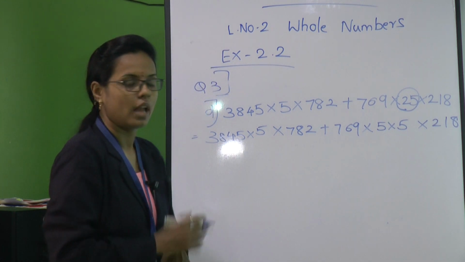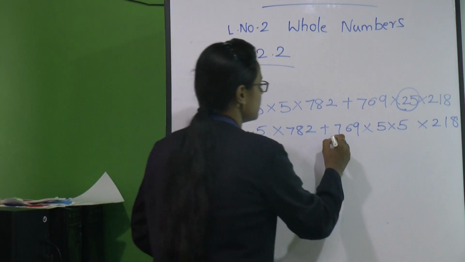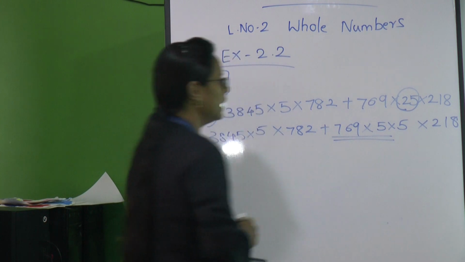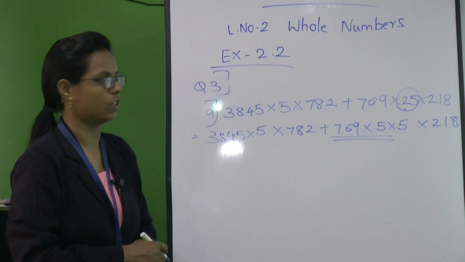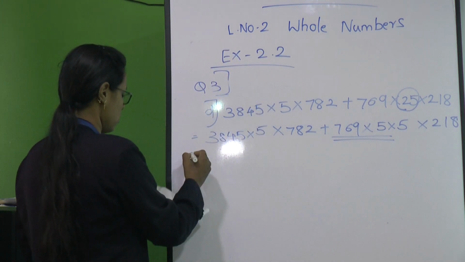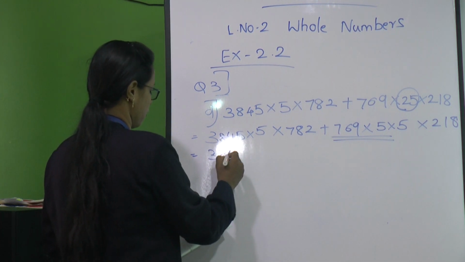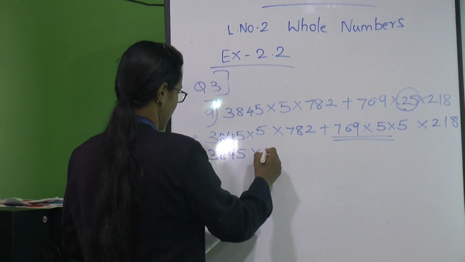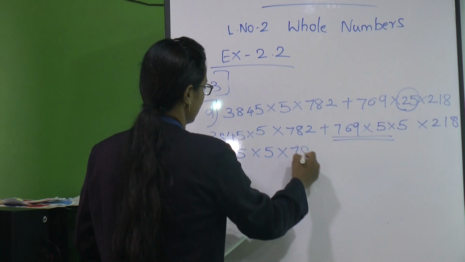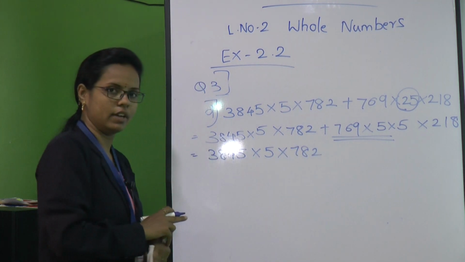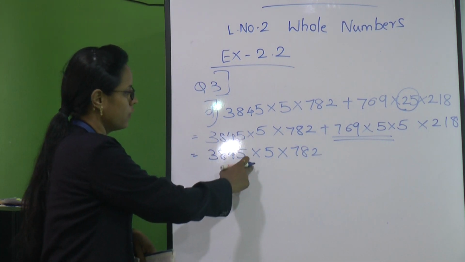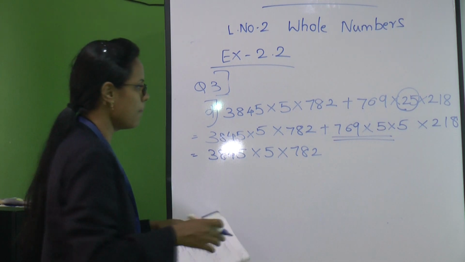Now here, 769 multiplied by 5 we are going to do first. Let us see now. 3845 into 5 into 782, till here I have written the same as it is from the above step.